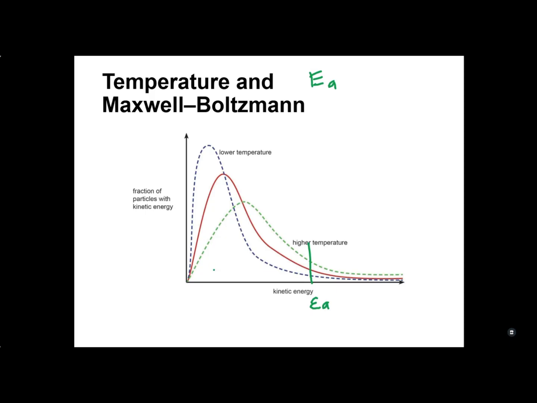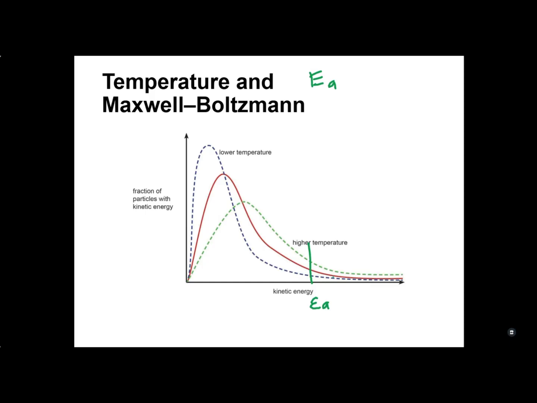No, the tallest peak represents the highest amount of particles having very, very low energy. Now when we look at the normal temperature, those 1,000 particles have distributed throughout. So the particles that were under the blue curve have now spread out throughout the red curve.